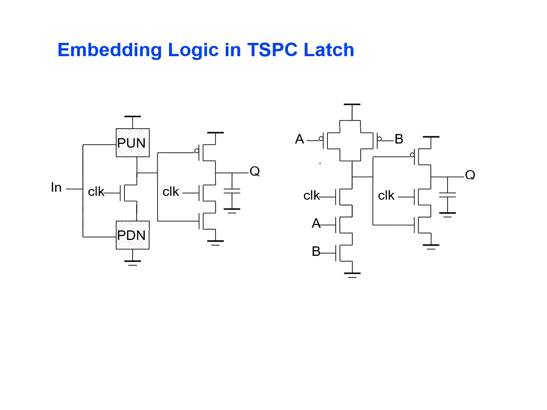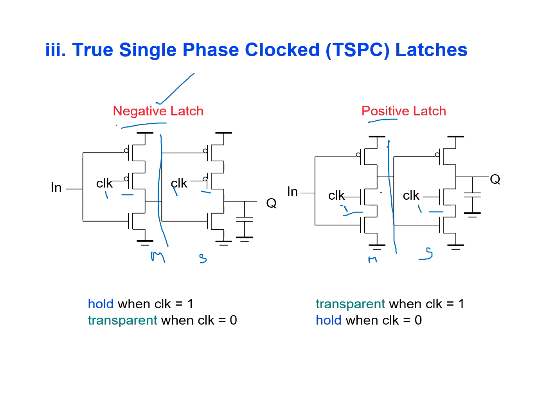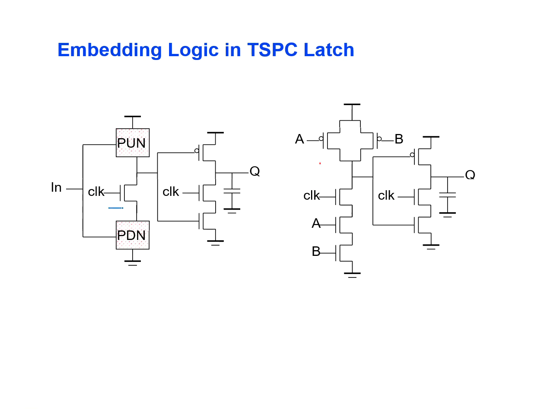And now we can embed the logic in these two single phase clock latches. Embed the logic in the sense you can realize a 2-input NAND gate, 2-input NOR gate, 2-input XOR gate or 2-input AND gate, whatever logic you need to realize. See, you are using a positive latch here because the NMOS gate is connected to clock.